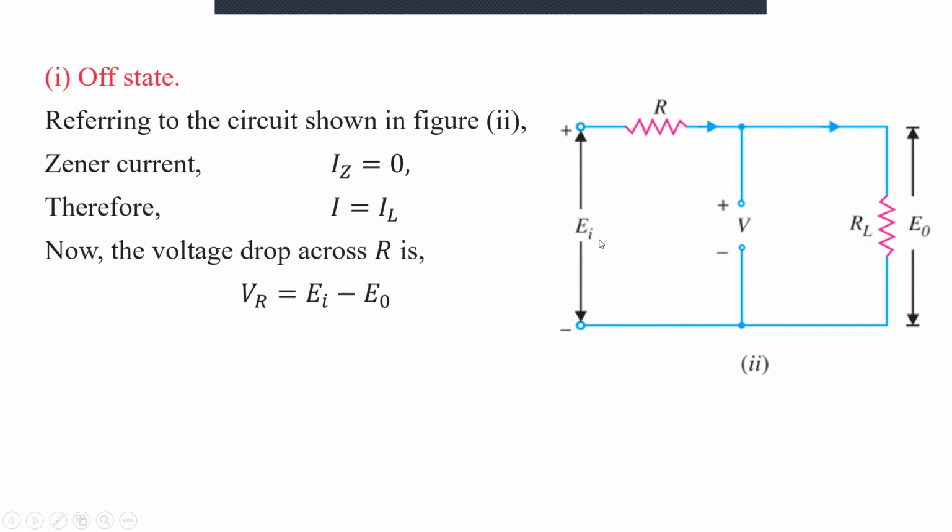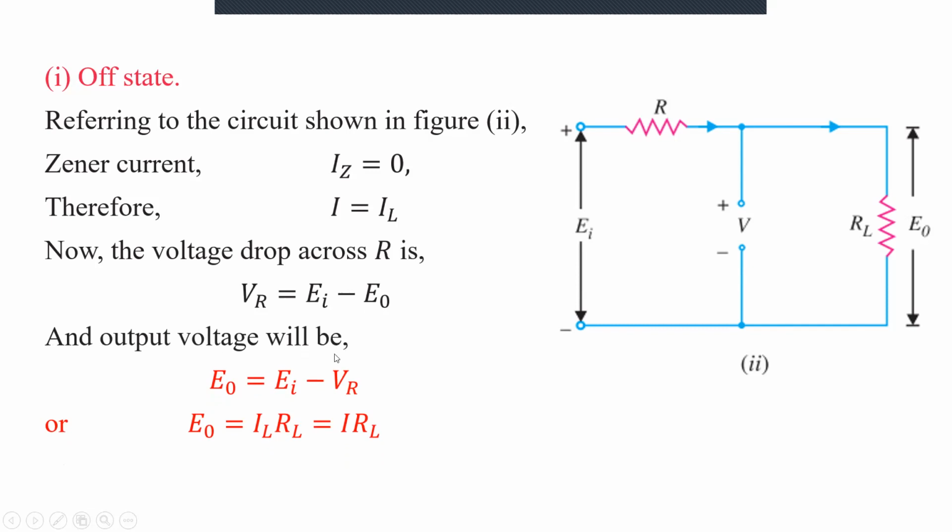That will be equal to the input voltage minus the output voltage E naught, because this R and RL will be in series. So the applied voltage will divide into two parts, that is voltage drop across R and voltage drop across RL. Therefore, the voltage drop across the series resistance R will be equal to input voltage minus output voltage, that is EI minus E naught.